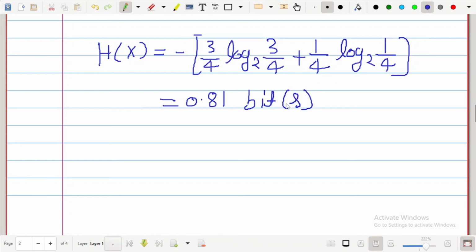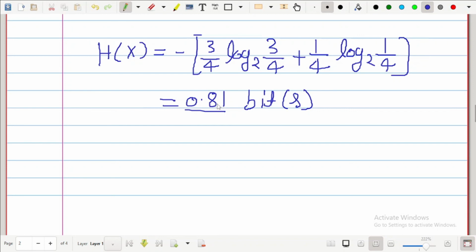So if you increase the probability of getting head, certainty is increased and uncertainty is decreased.